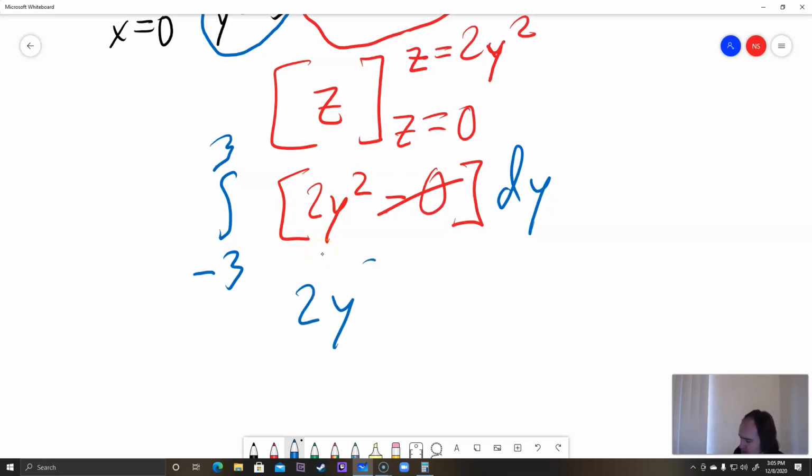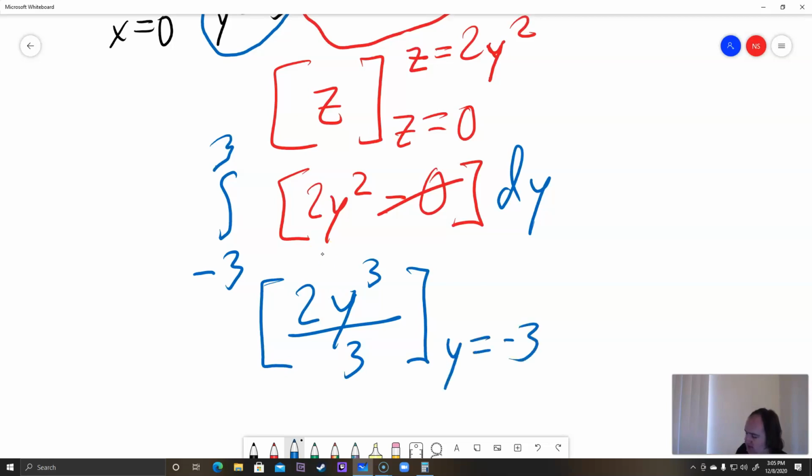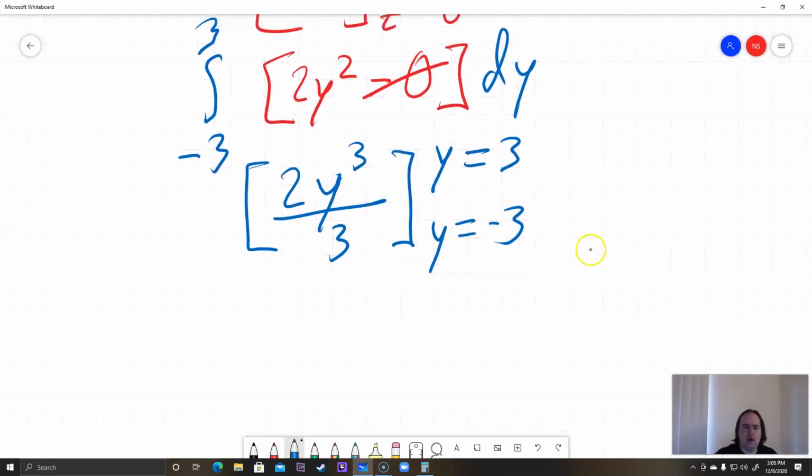So we're going to get 2y cubed divided by 3. Okay, and this is going to be evaluated from y equals negative 3 to y equals positive 3. Okay, and I'd recommend just factoring out the 2/3, just because it's a constant. It'll make our life easier.